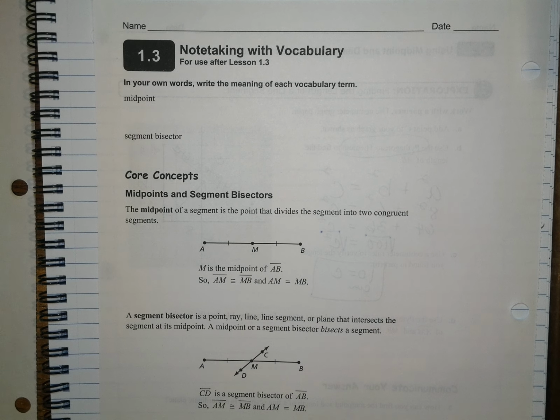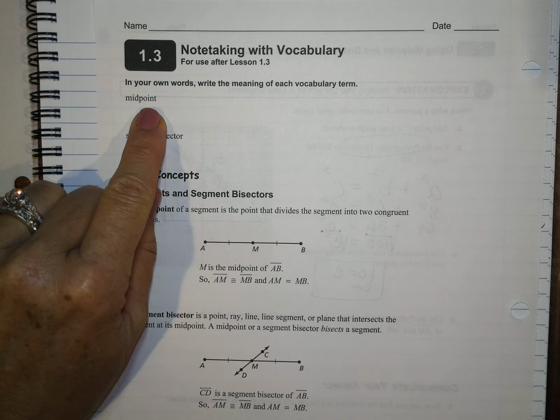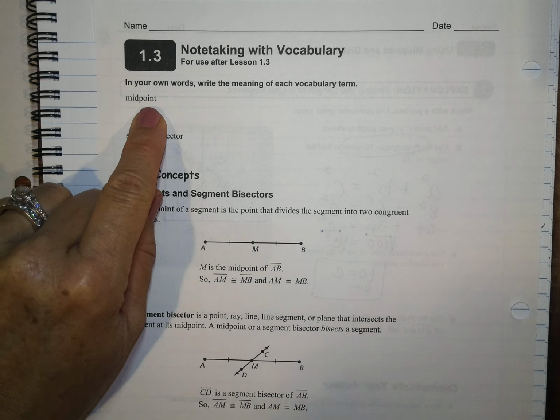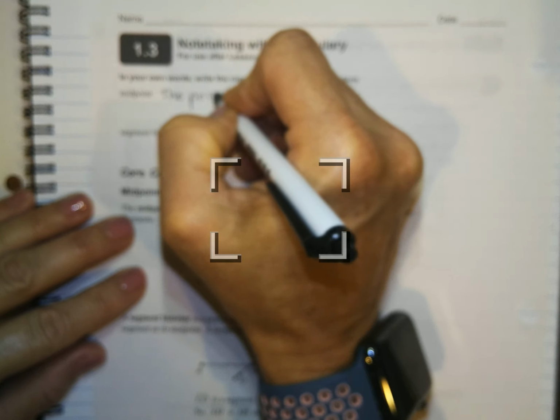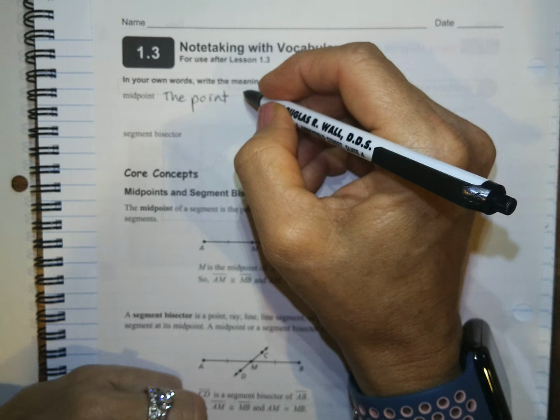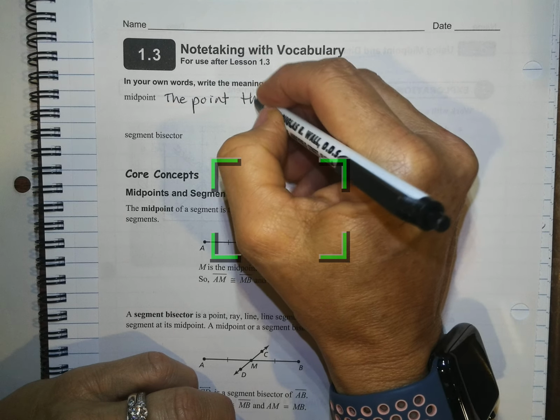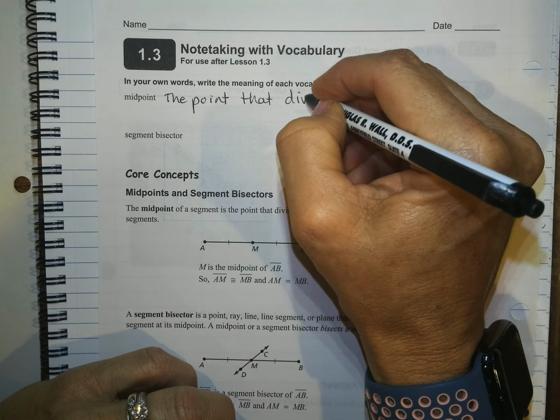Now, what we're going to talk about is on page 14. The word midpoint is almost self-explanatory. You should think of it as middle. The midpoint is the point that divides a segment into two congruent segments.